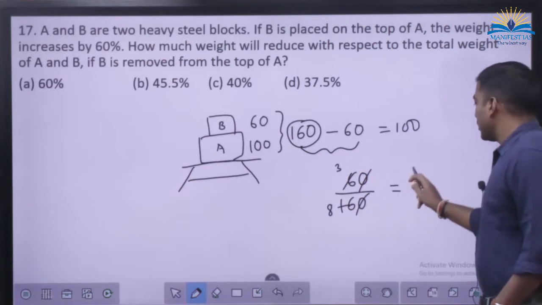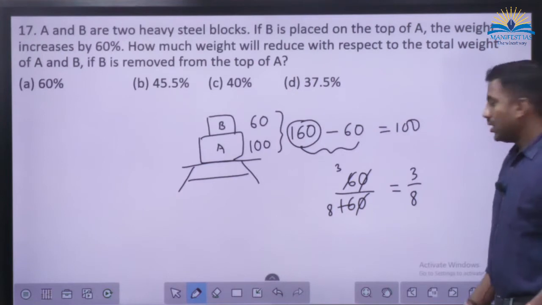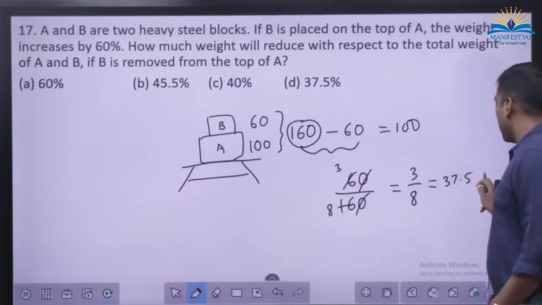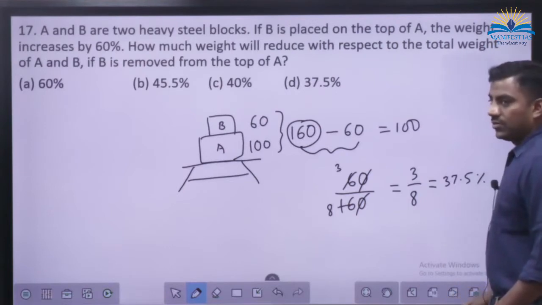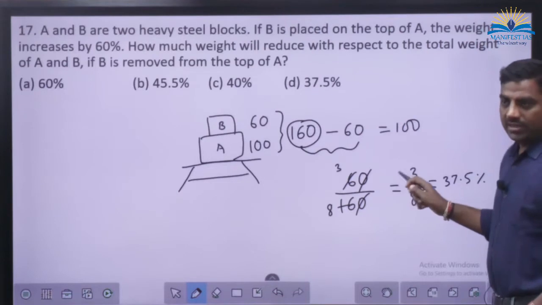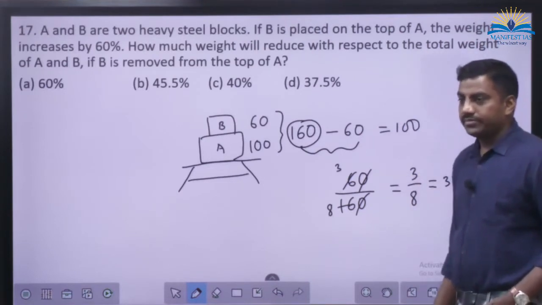This is 3 by 8. So 3 by 8 is how much? 37.5%. For this we have worked out already. Yeah, 3 by 8 is 37.5%.